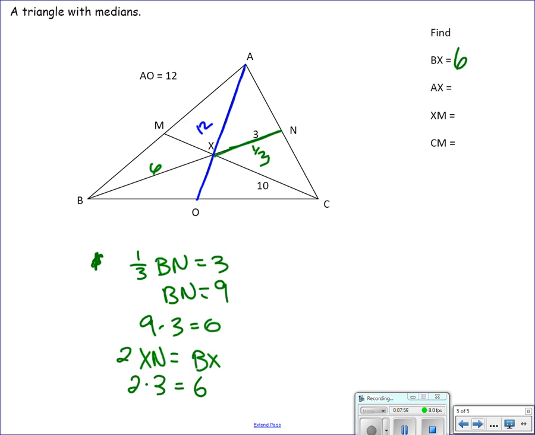AX, well, this is 2/3 of OA. So 2/3 of 12 is going to be 8.